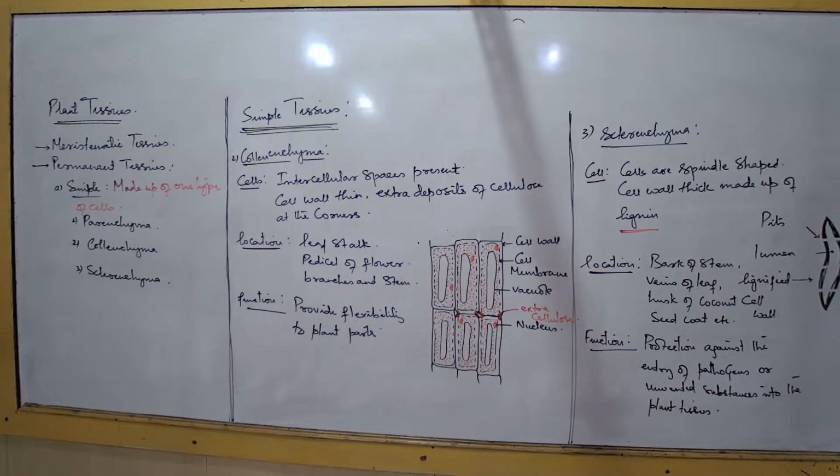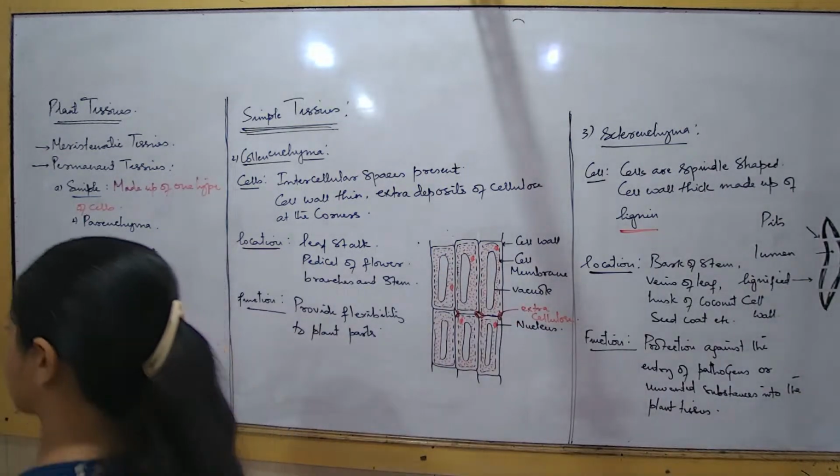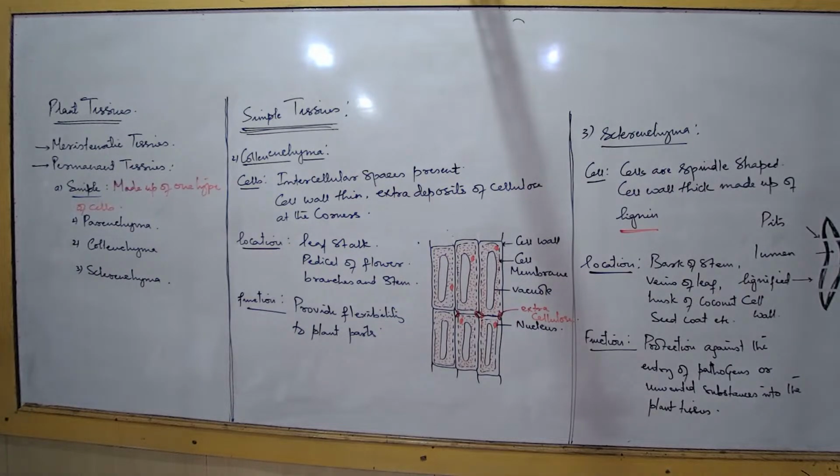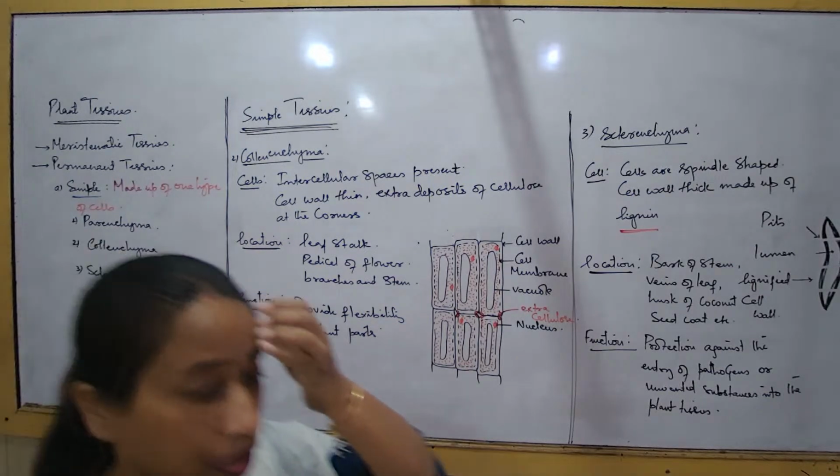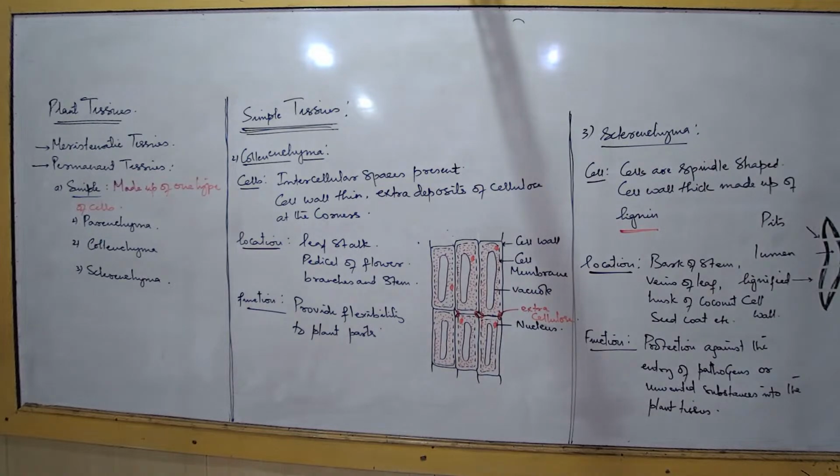Third point, collenchyma provides flexibility to plant parts, wherever they are present, and chlorenchyma prepares food.